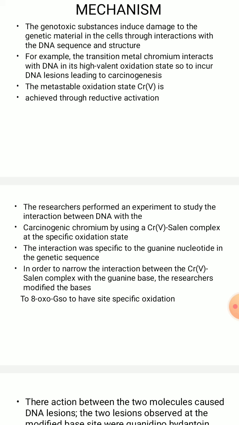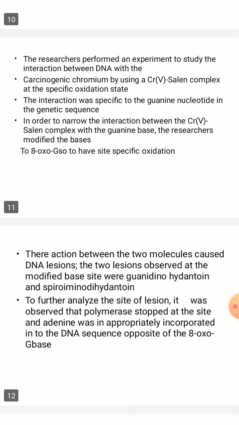In order to narrow down this interaction between the chromium salen complex and the guanine base, the researchers modified these bases into 8-oxo G, so as to have site-specific oxidation. Their reaction between these two molecules caused the DNA lesions.